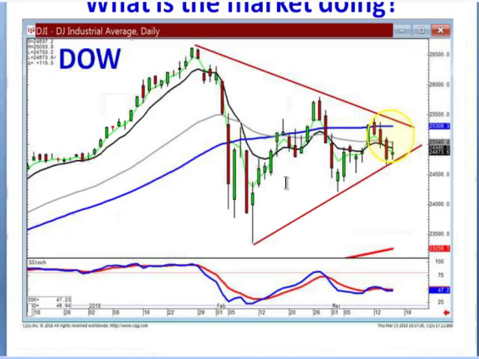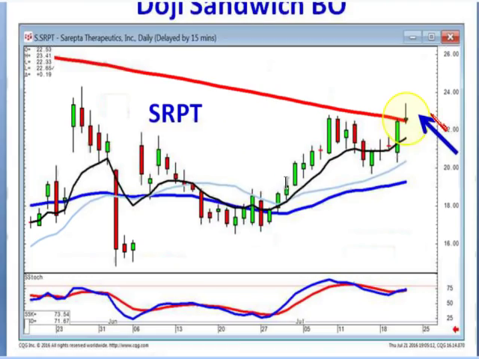So if we're looking, let's say hypothetically this starts moving up here and we see a pattern like this, there's kind of our J hook with a doji right here on the 200. These are your high probability trade setups. If this opens positive the next day, what can we assume?